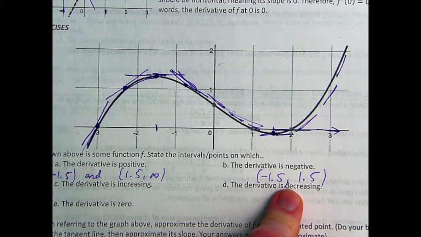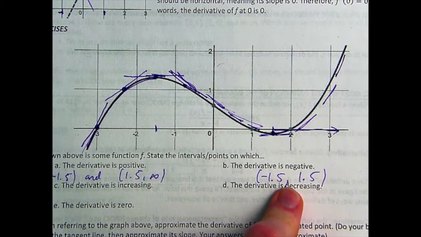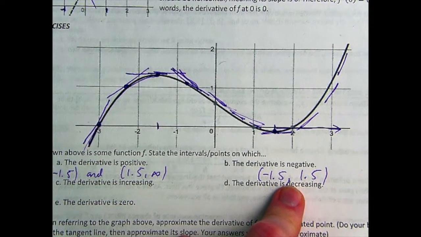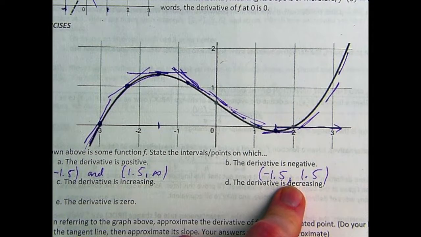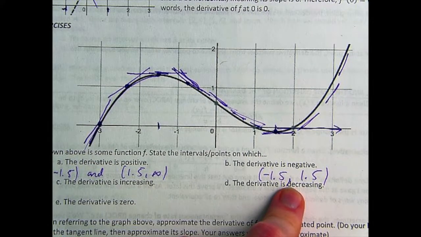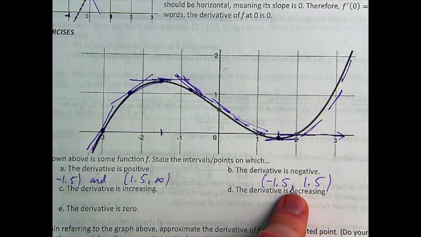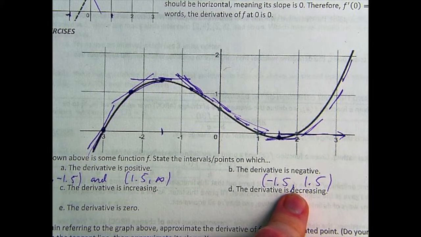Now, if you notice, this region is exactly the region on which the function is decreasing. So that's not an accident either. It turns out that a function will be decreasing exactly when its derivative is negative.